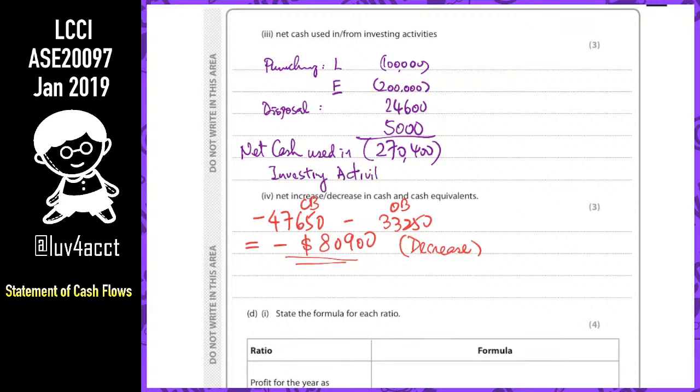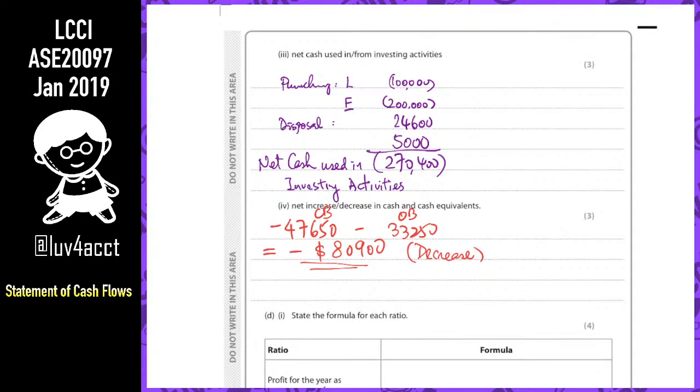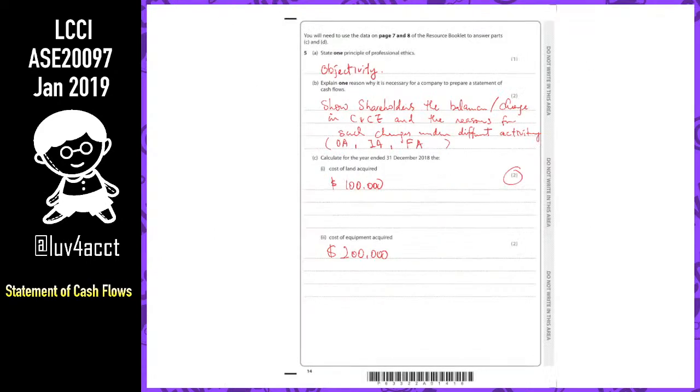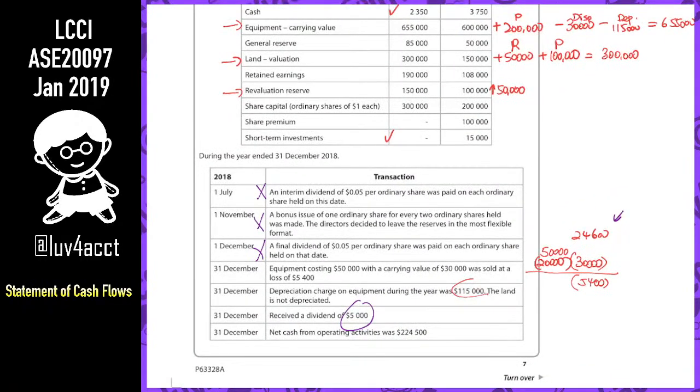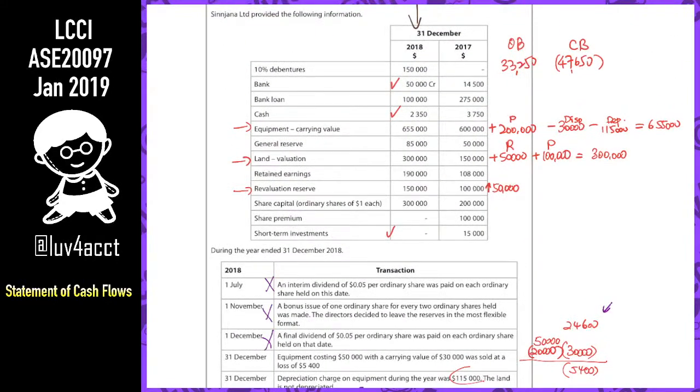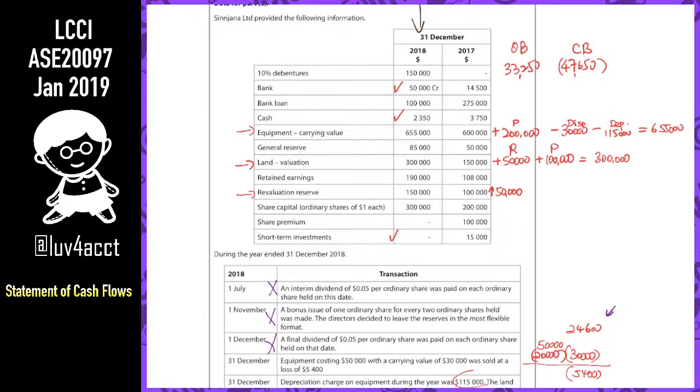I am quite concerned about the information given to us, but I don't think we'll do it here. If I am working on the real exam, I might do one thing. Because you see, you are given dividend, bonus issue. That would be financing activity. You are also given an issue of shares here, but it is a bonus issue, so it is okay.